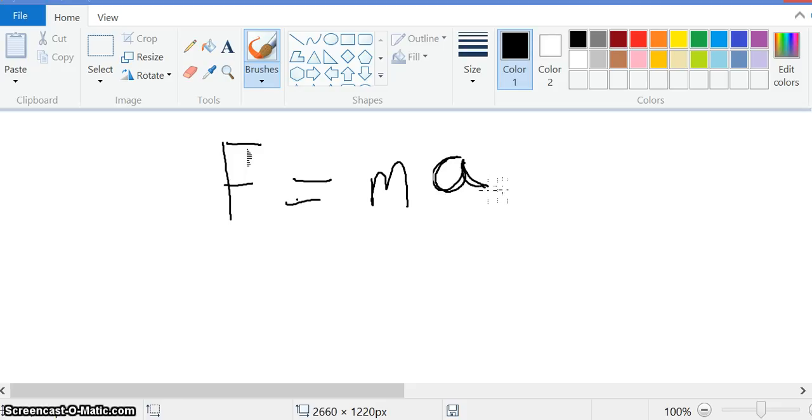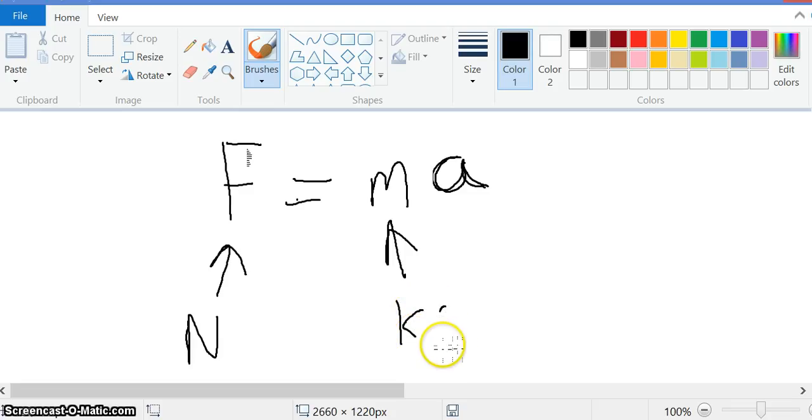We usually use standard international units, not all the time, but usually. So the units for force are called newtons, and instead of pounds, for example, that's the English units. The units for mass are kilograms.